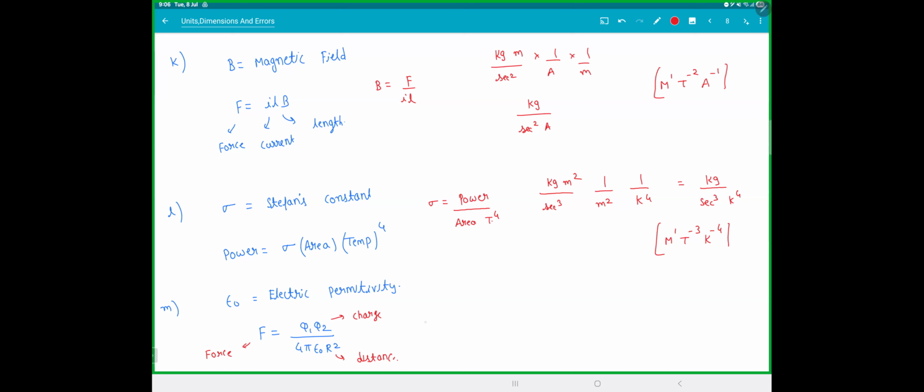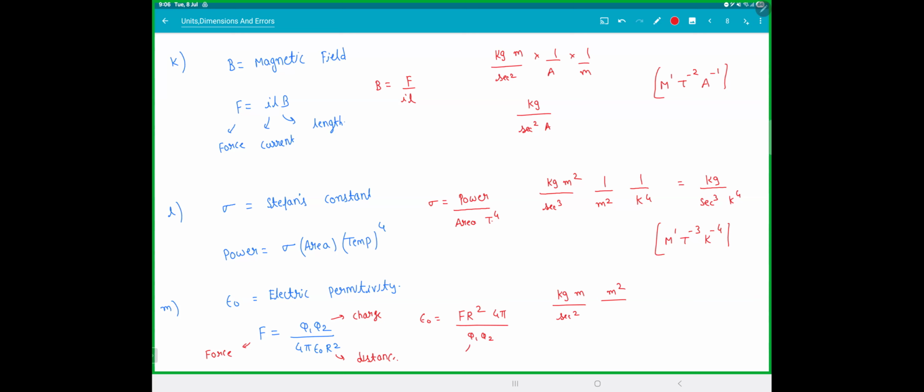So what is epsilon here? Epsilon is F into R square. 4 pi is anyway constant, that is useless. And this is charge Q1, Q2. So force is kg meter per second square. R is distance square, meter square. What is charge? Charge is current into time, isn't it?